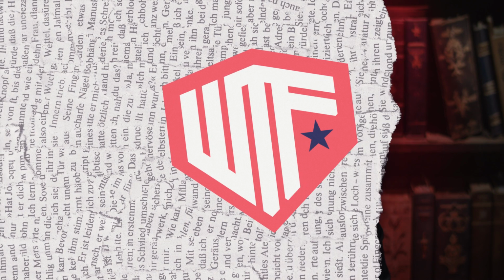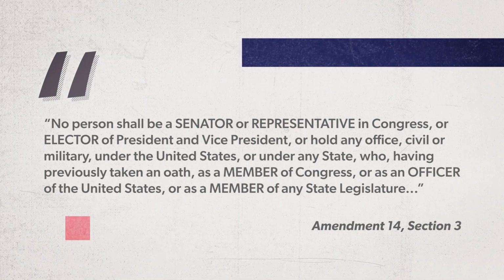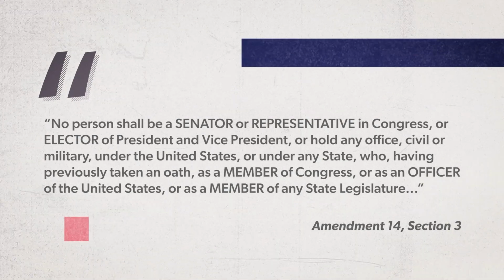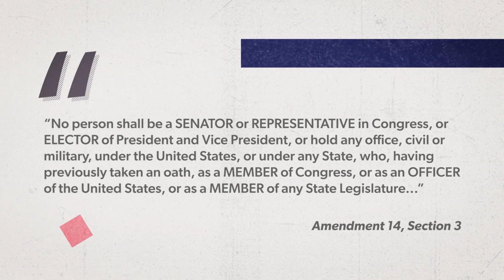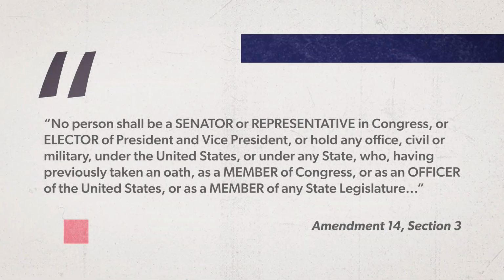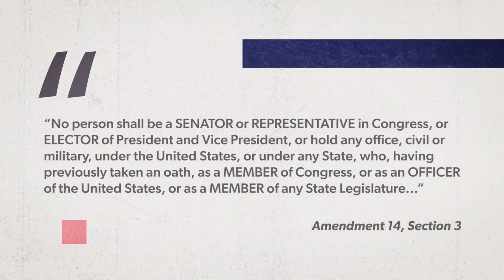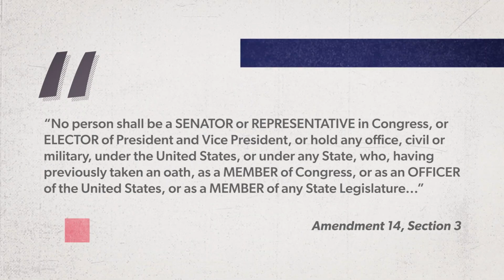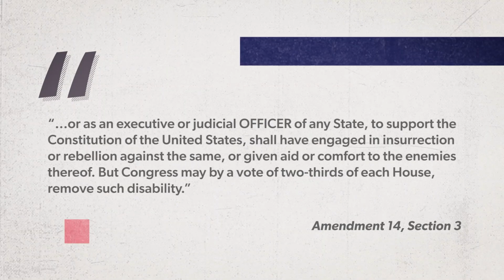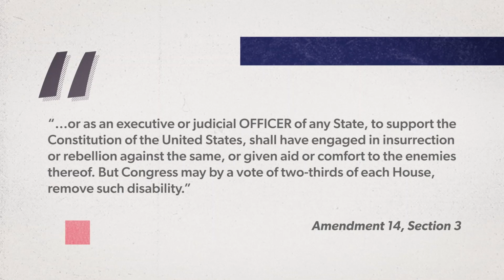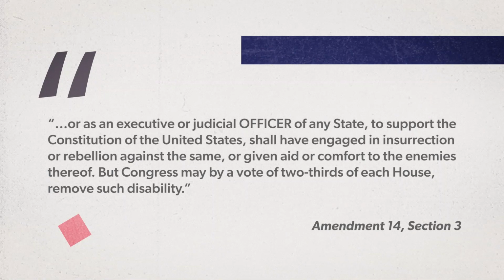It reads the following. No person shall be a senator or representative in Congress, or elector of president and vice president, or hold any office, civil or military, under the United States, or under any state, who, having previously taken an oath as a member of Congress, or as an officer of the United States, or as a member of any state legislature, or as an executive or judicial officer of any state to support the Constitution of the United States, shall have engaged in insurrection or rebellion against the same, or given aid or comfort to the enemies thereof.